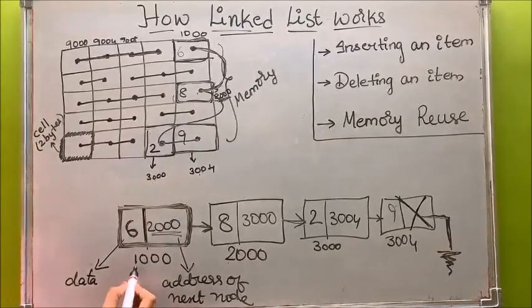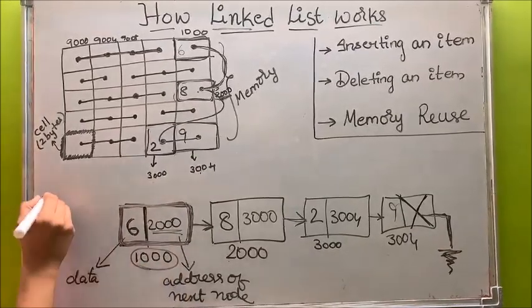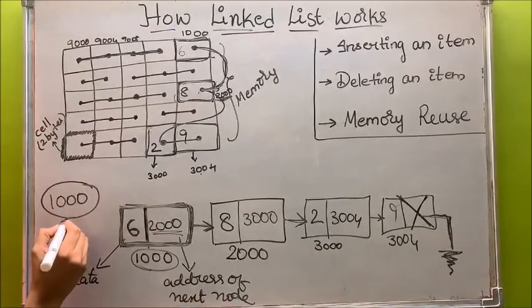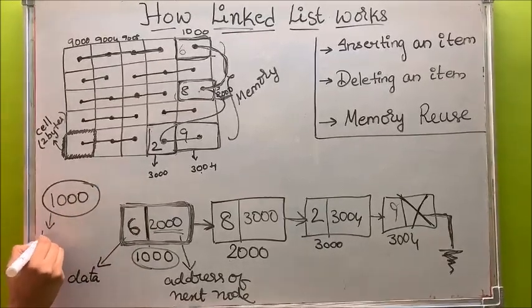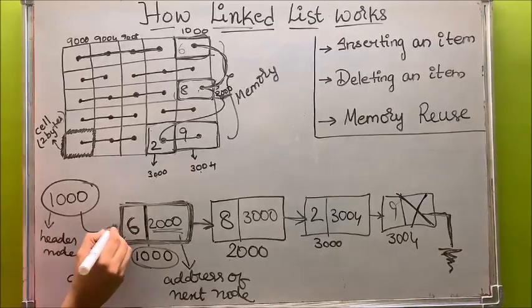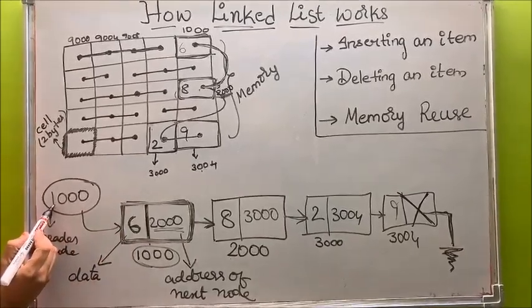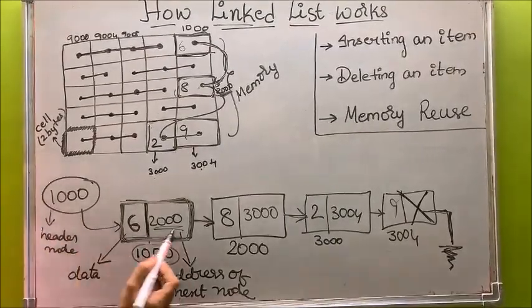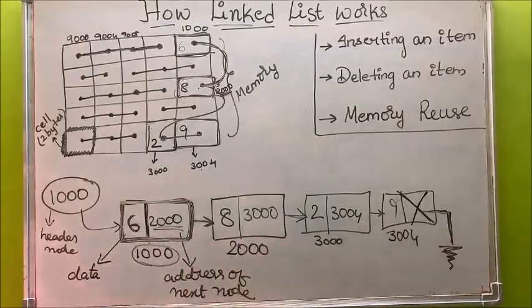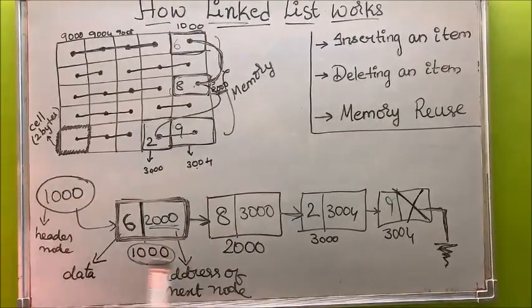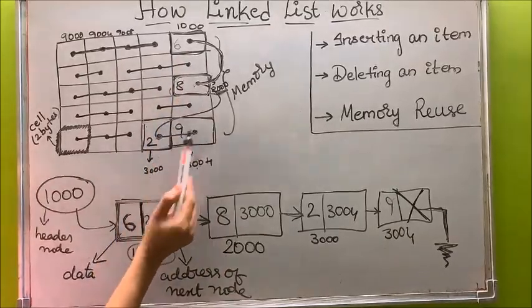So the initial starting address must be stored in some particular address. This is what we refer to as header node. So the compiler will have information about the header node address. From the header node address, it will refer to the coming nodes. And this is how the memory wastage can be overcome.